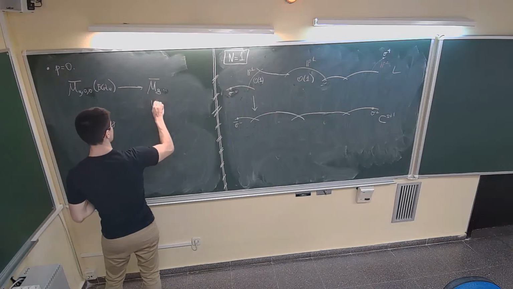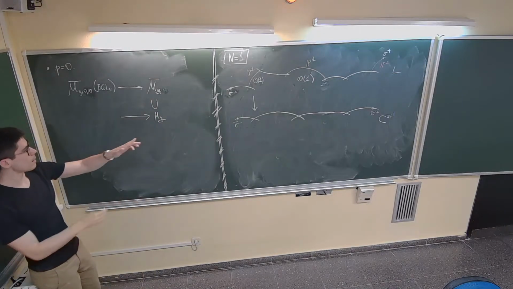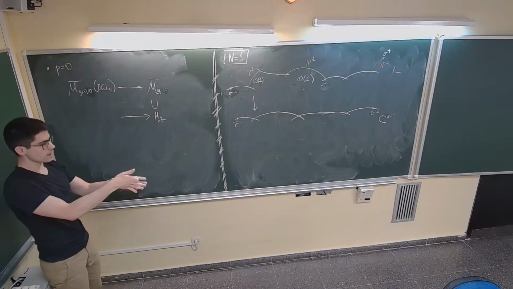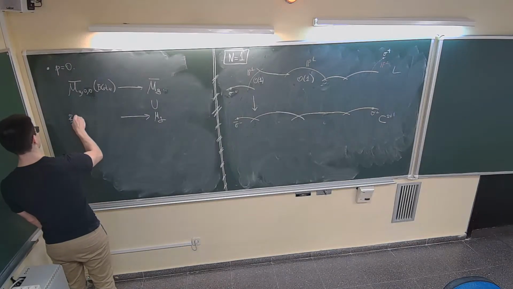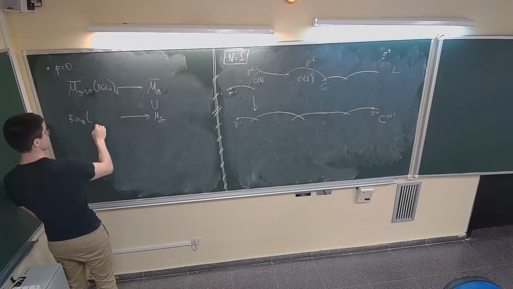Over the stable locus, if you think about what I was doing, there are no nodes, there are no markings, there's nothing that I can add, there's no P1s that I can add. So this is just the usual moduli of relative vector bundles of rank n on the universal curve.